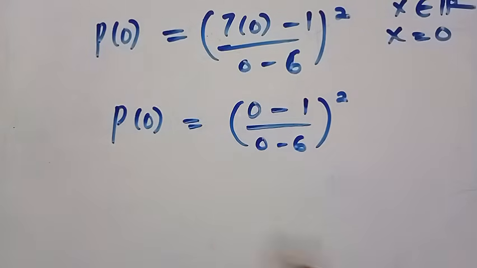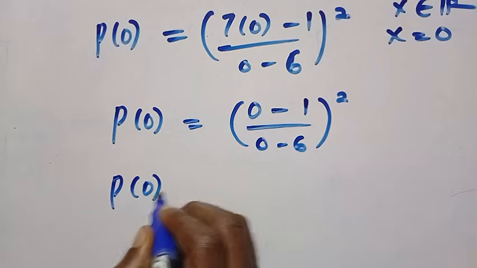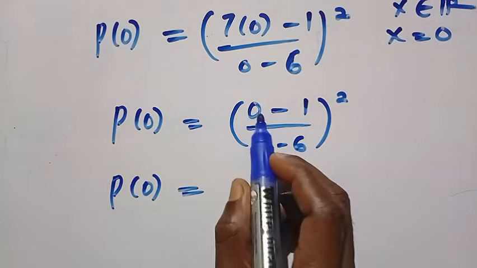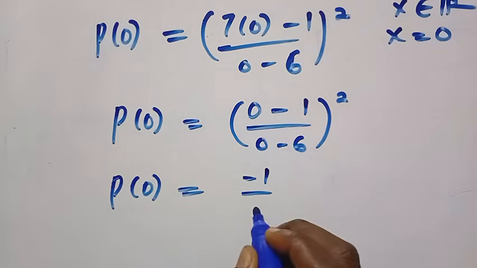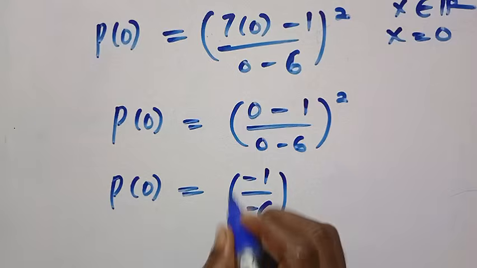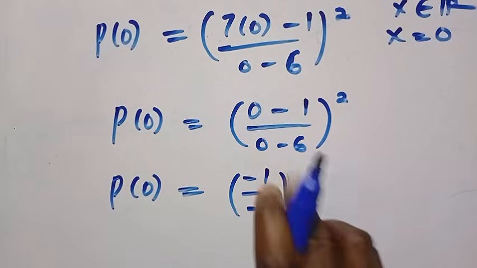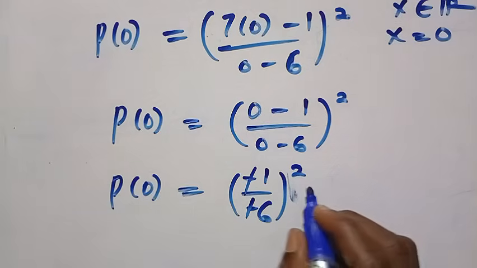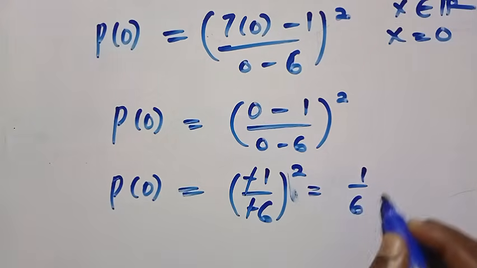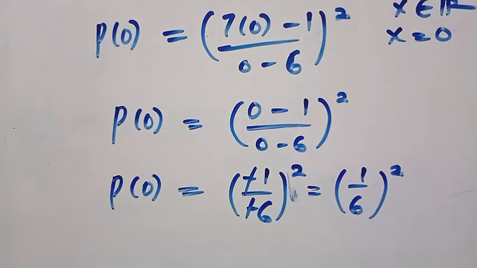So next we have P of 0 equals, 0 minus 1 gives us minus 1, over 0 minus 6, that is minus 6, all raised to the power of 2. And minus cancels minus, so we have (1 over 6) raised to the power of 2.